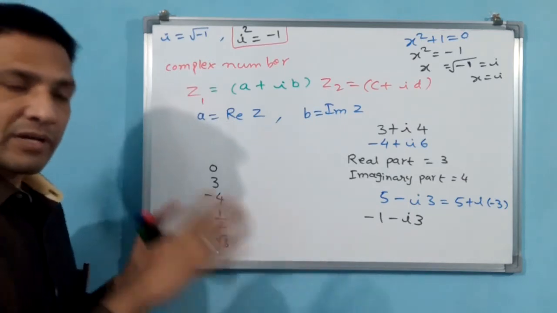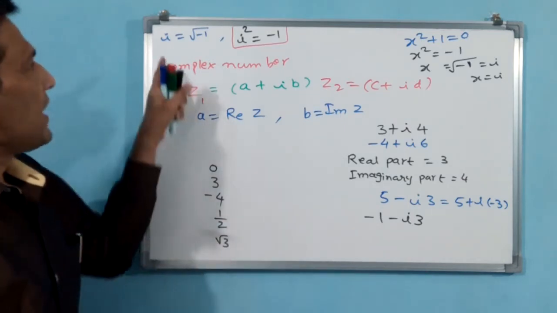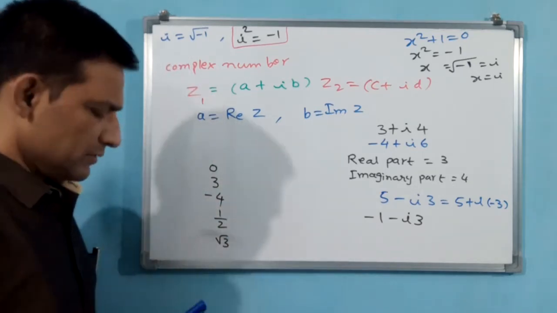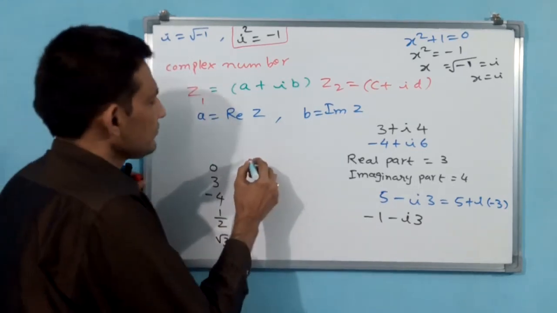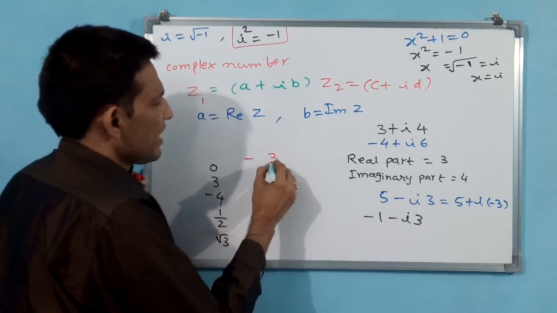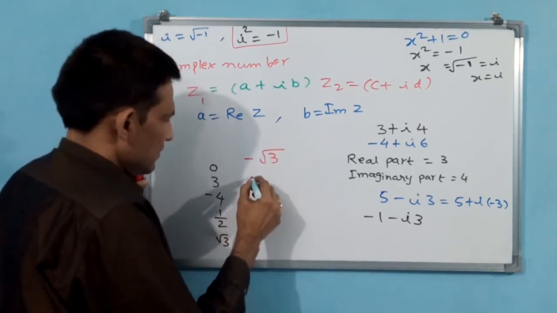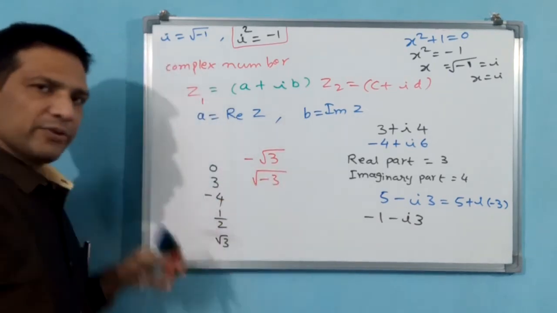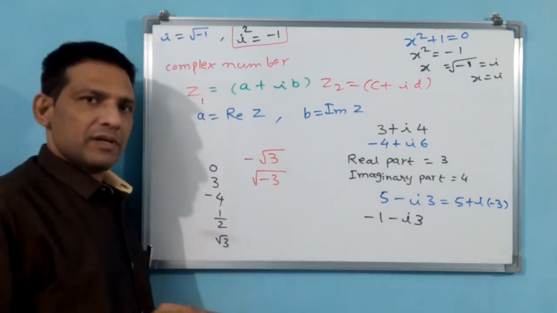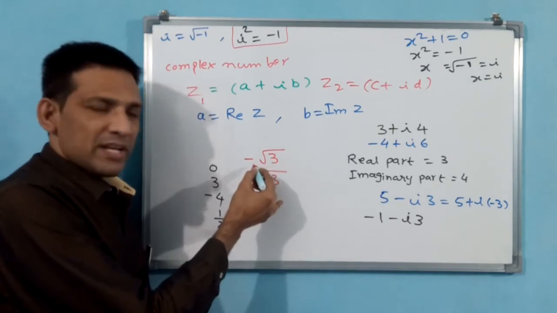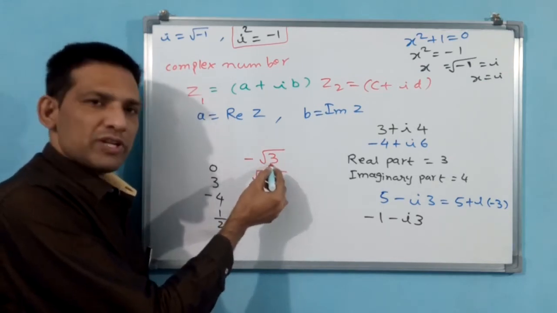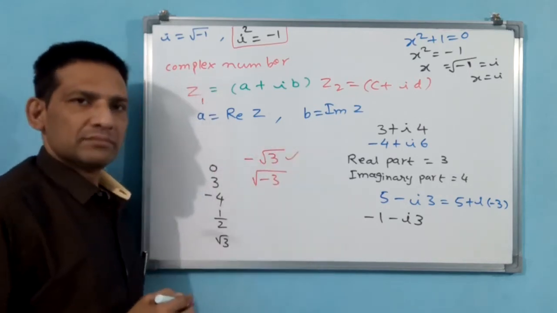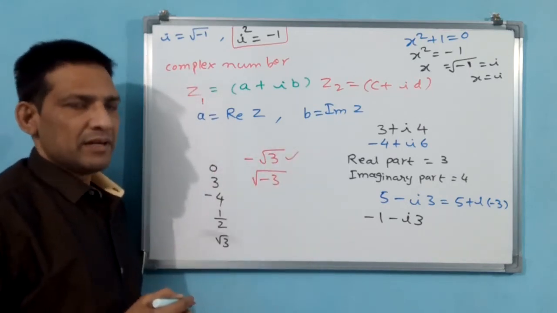I cannot be minus square root of minus 1. I am not writing it, because you are going to get confused again. i is equal to square root of minus 1 is one thing I will tell you. Minus root 3 and root of minus 3 are different, you know. Minus root 3, minus of root 3, exists as a real number. This is a real number, not a complex number.